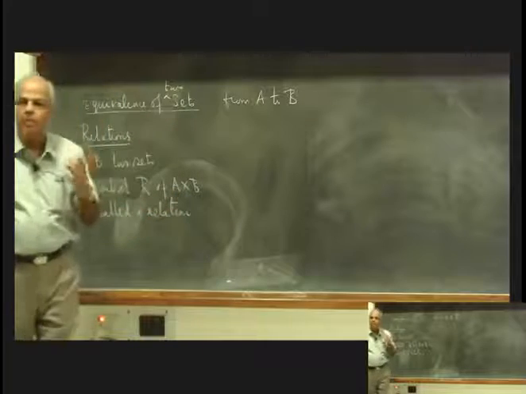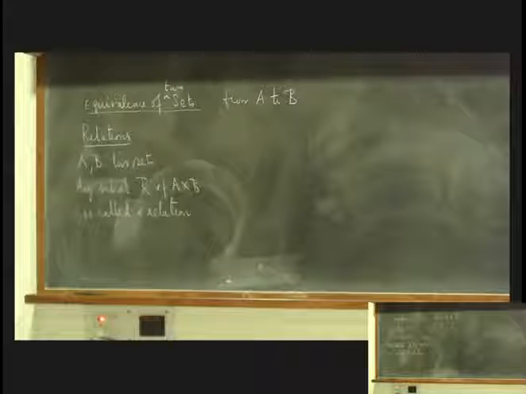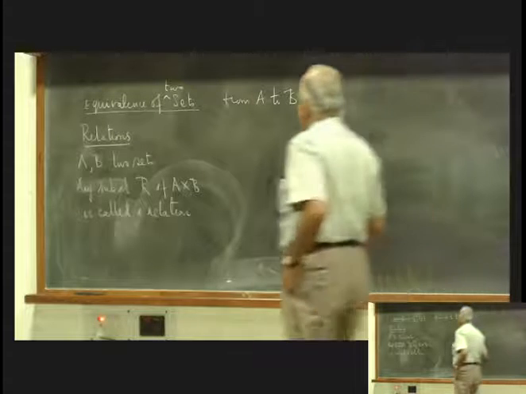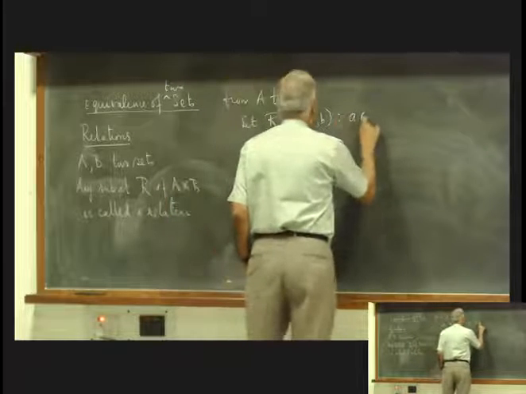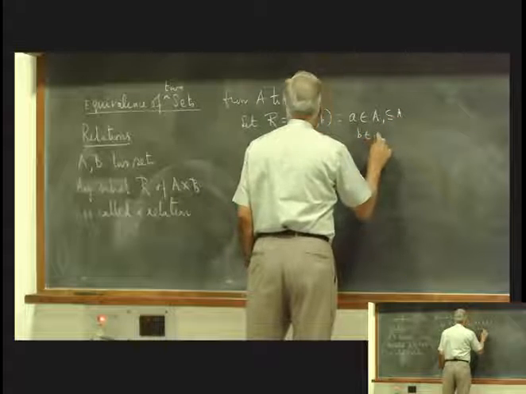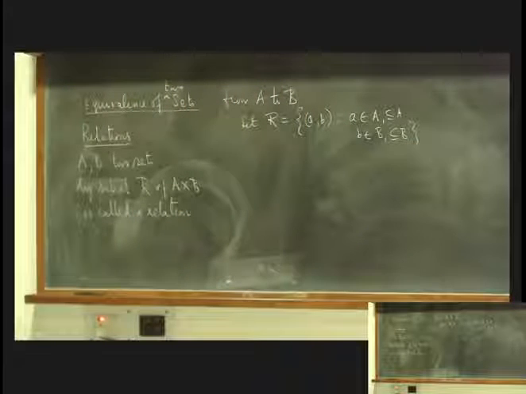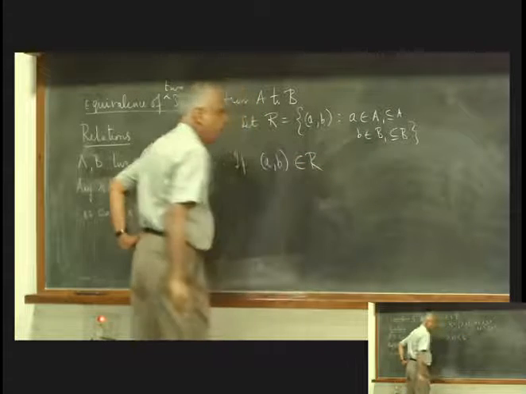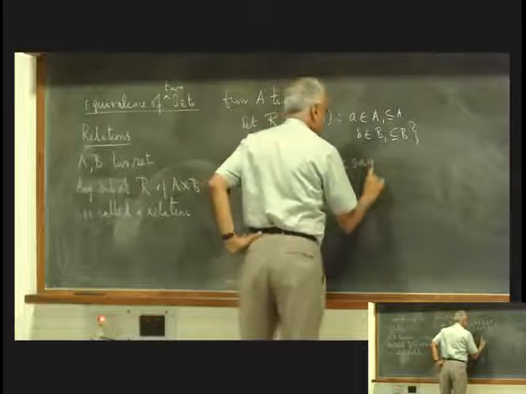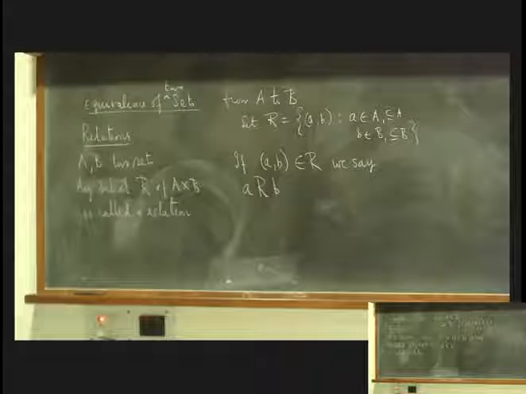R is a subset of A cross B. So therefore, it is a collection of some ordered pairs (a, b) where a belongs to set A and small b belongs to set B. So let R be equal to the set of all (a, b), where a belongs to a subset A1 of A and b belongs to a subset B1 of B. Okay, so the second coordinate comes from B and the first coordinate comes from A. Okay, so if an ordered pair (a, b) belongs to R, we say a is R related to b.